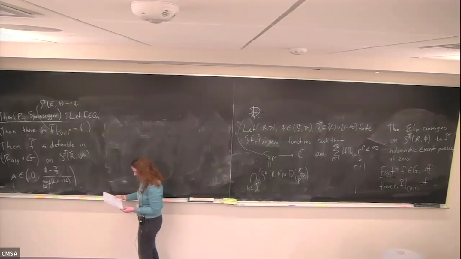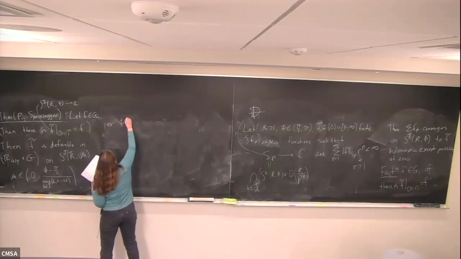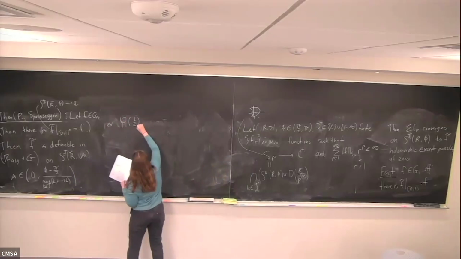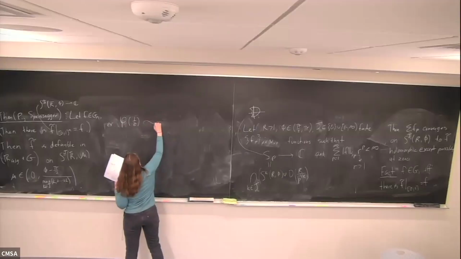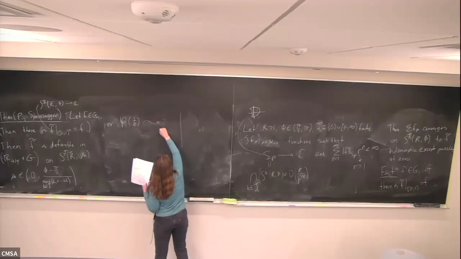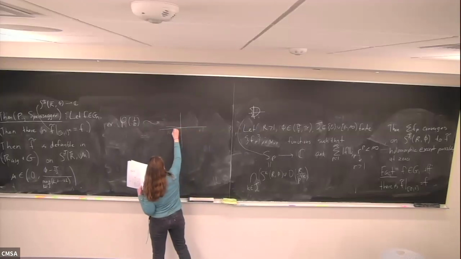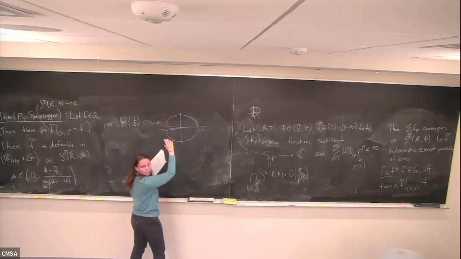Okay, sorry, I'll try to finish up quickly. So what this means for the Stirling function: the sector associated with the Stirling function can be as close as you want to being a full circle.